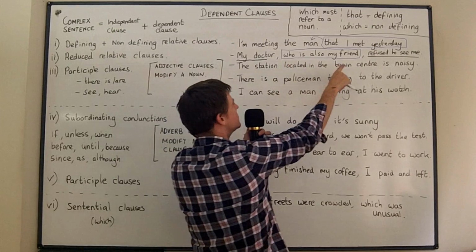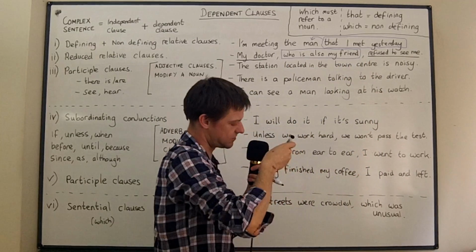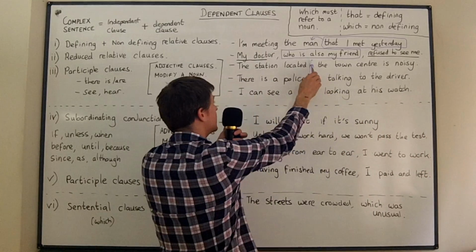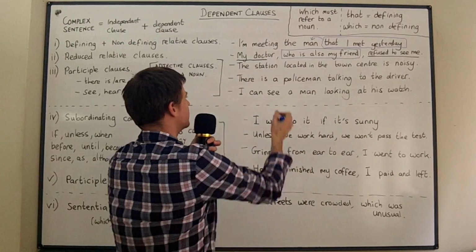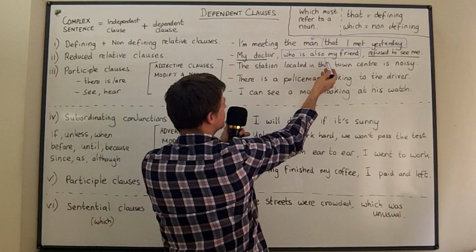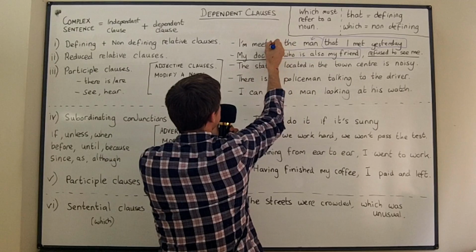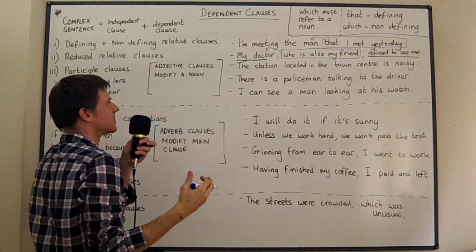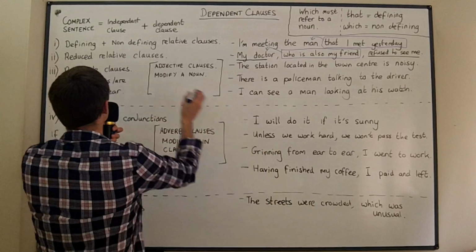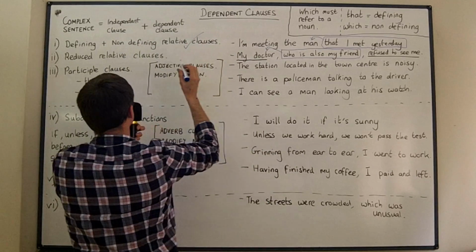And it's separated with commas because we have to do that with a non-defining relative clause. It has to be separated with commas. Okay, so there's our non-defining relative clause. And of course it's modifying the doctor. Yeah, the doctor, who is also my friend, refused to see me. Okay, that's defining and non-defining relative clauses done.